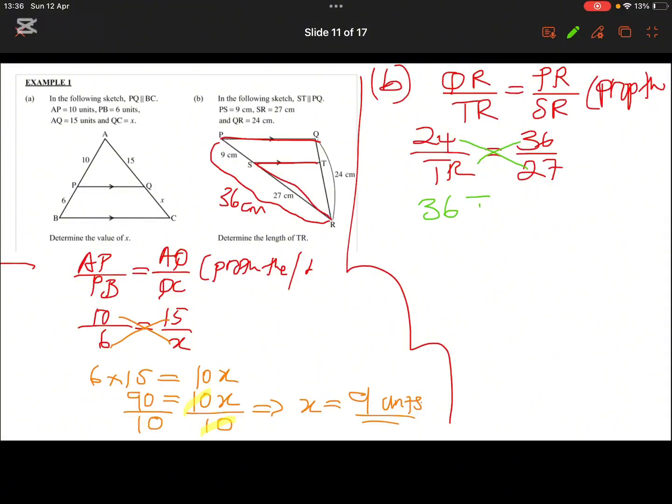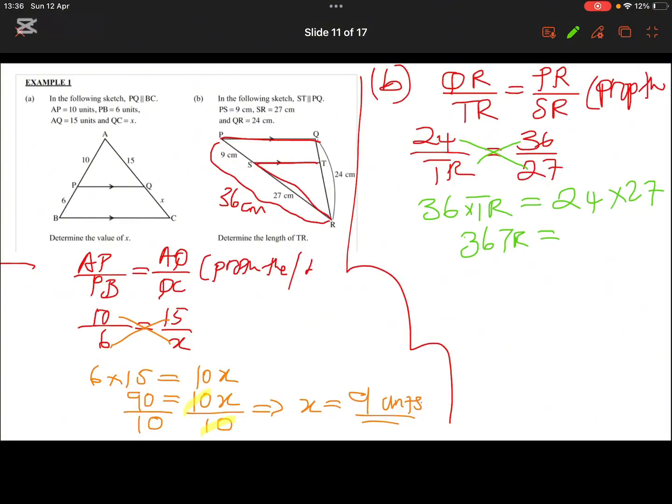Cross multiplying, we're going to have 36 multiplied by TR equal to 24 multiplied by 27. And now we can work that out.